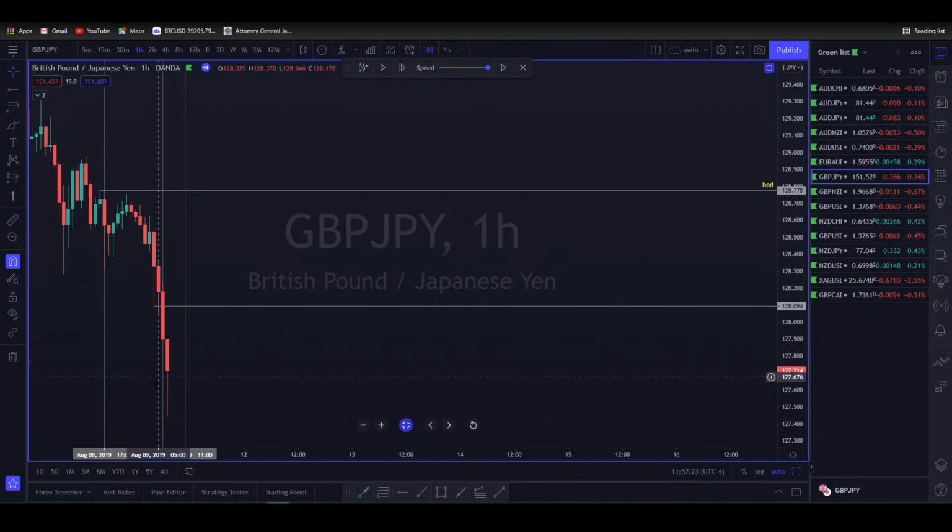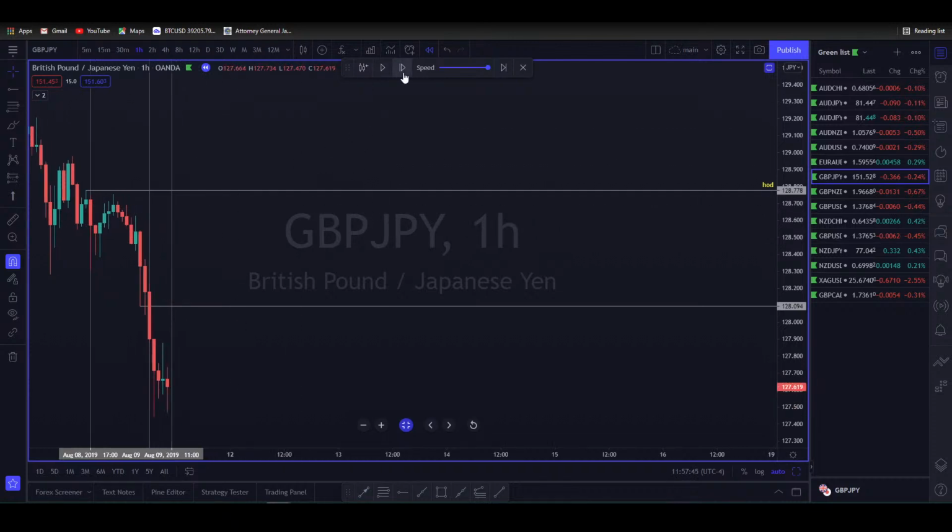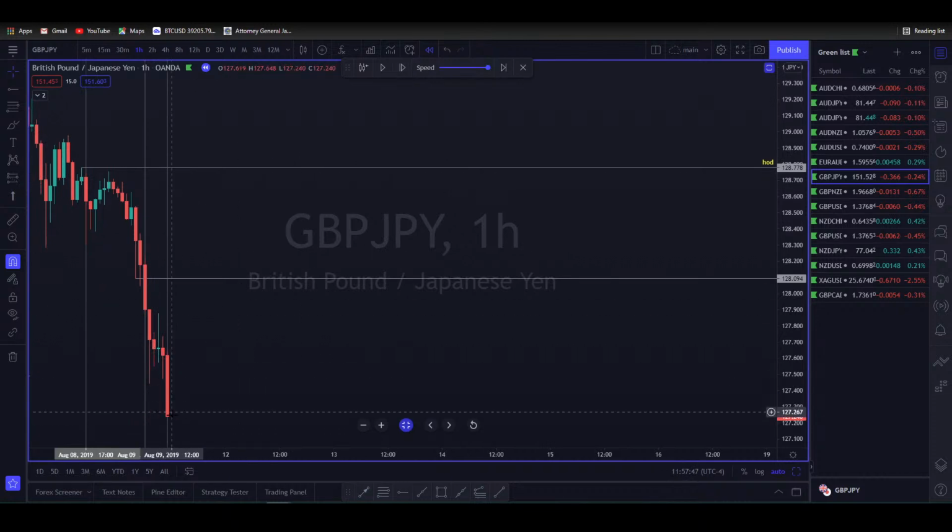And all you got was just straight down. There's no way to enter that. At any time that you do enter, here was the low of day, right? You're selling something at the low of day. Where is your stop going to be? Way up here. So there just wasn't a trade setup. There just was not a trade setup for us on this thing.